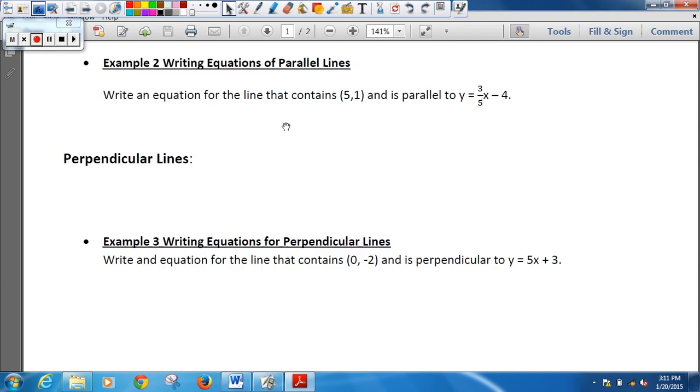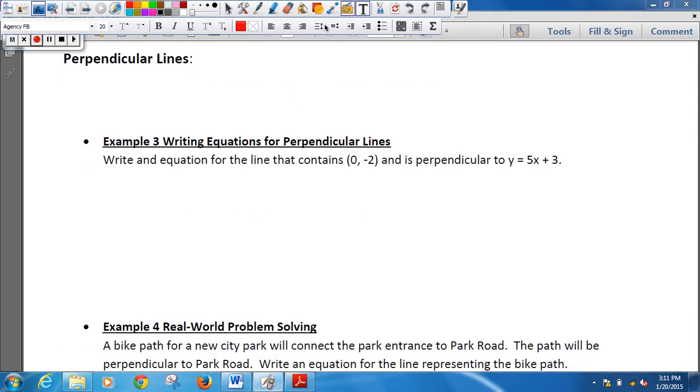The next part of this is going to be perpendicular lines. Okay, we have to remember the definition first of perpendicular lines. Perpendicular lines are lines that intersect to form right angles. Okay, and there's something special about their slope.